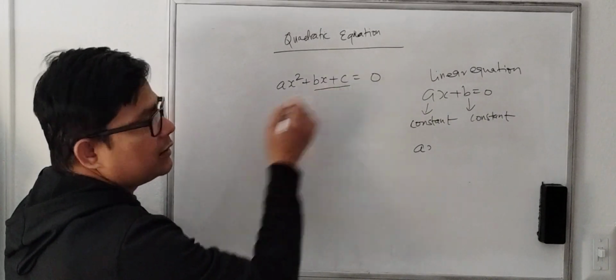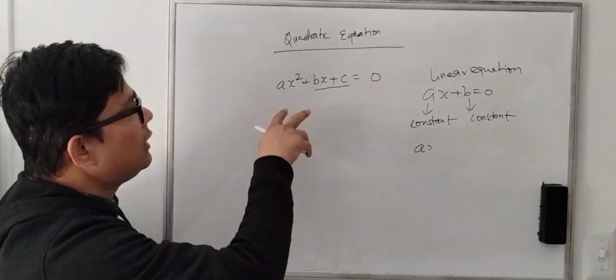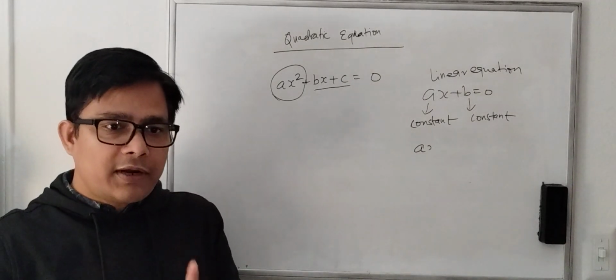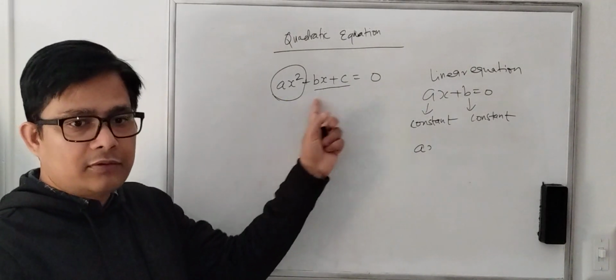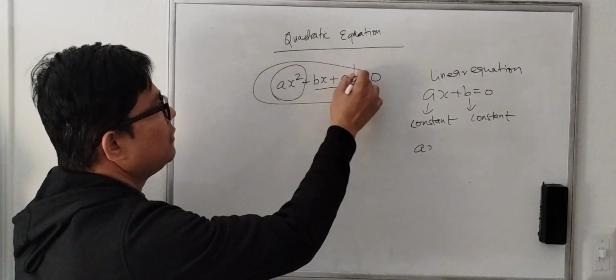So this was your linear part which we learned earlier, and then now we have x squared. So in a quadratic equation, the maximum power of the whole expression will be 2.